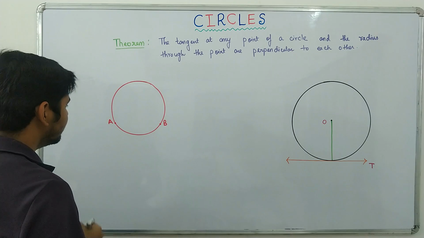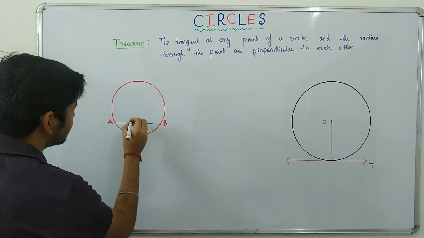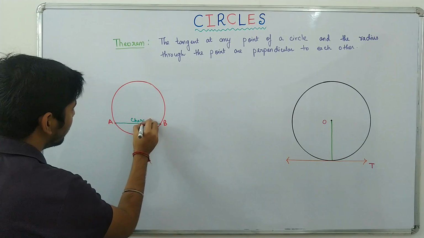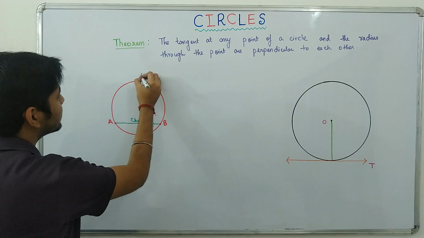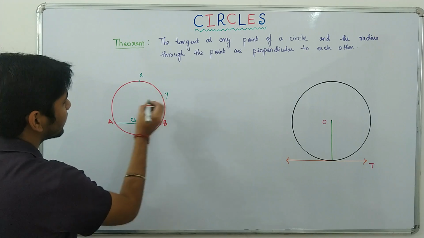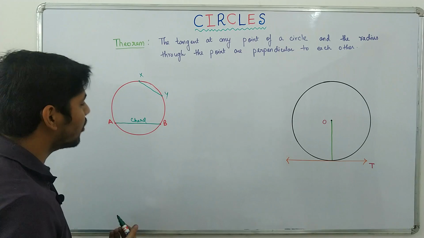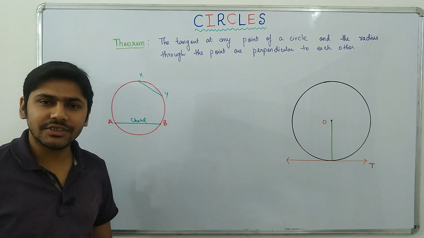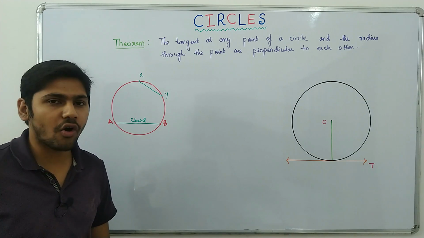A straight line joining point A and point B is called a chord of the circle. Say we have a point X over here and a point Y over here. A straight line joining point XY is called a chord. So basically a straight line that joins any 2 points on a circle is called a chord.